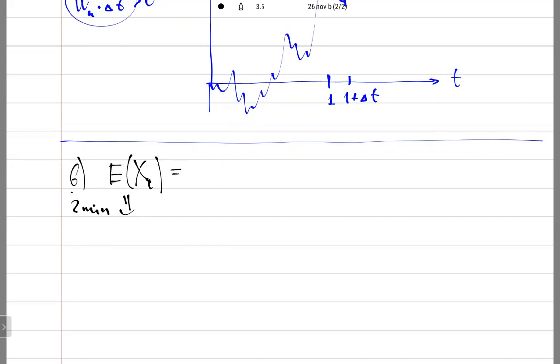Okay, what is the answer? That's easy. That's really easy. Okay, just plug in the value of xt.